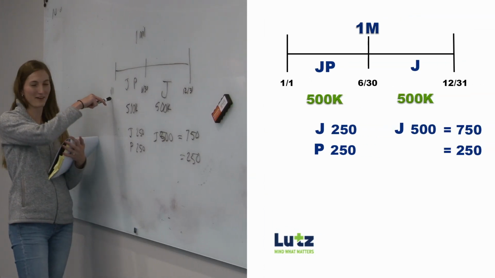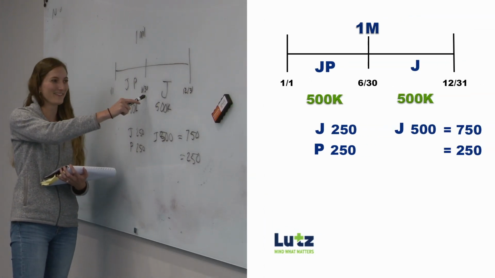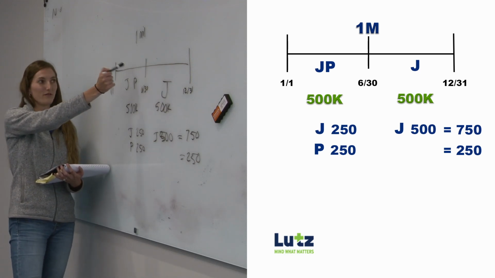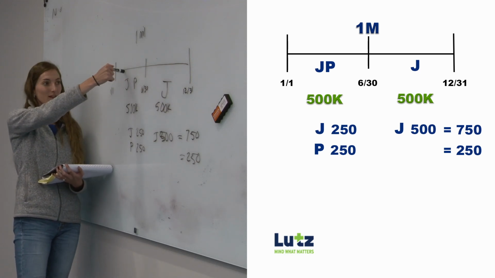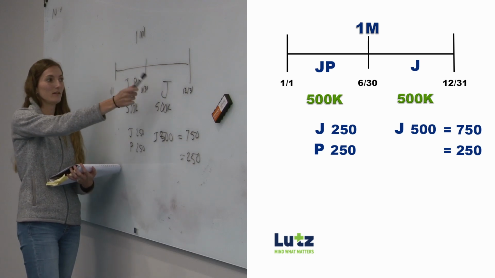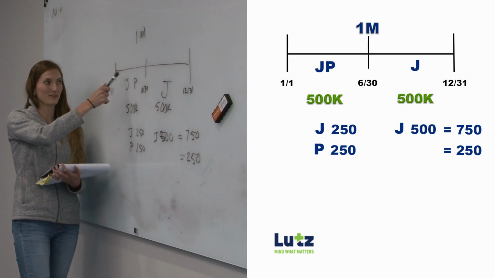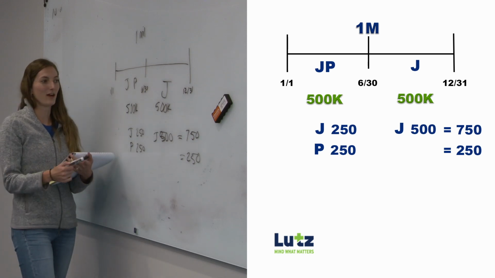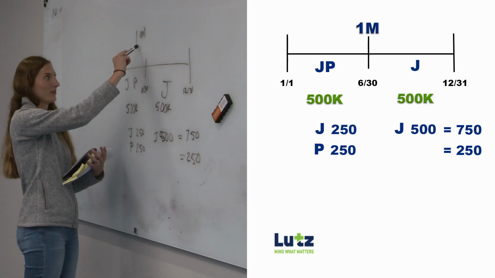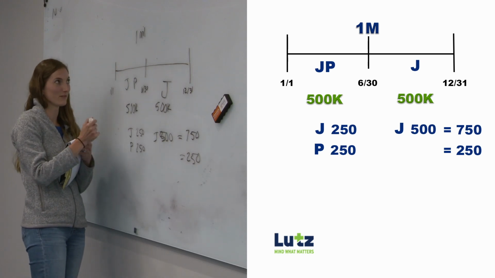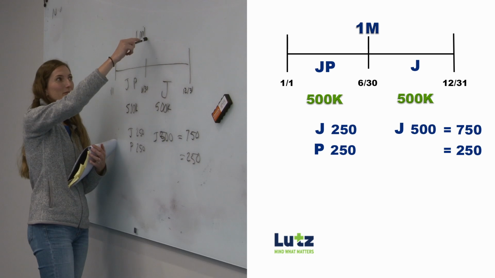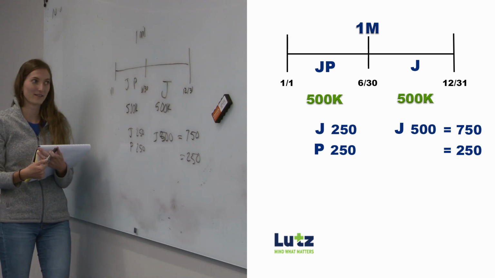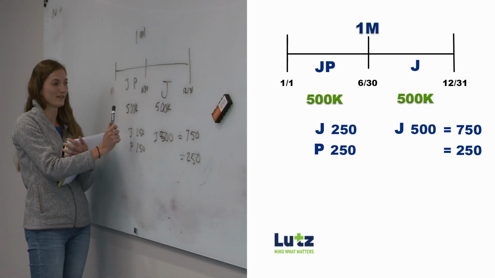So this is January 1st. This is June 30th, end of the year. J and P were 50-50 right here, and then he sold his interest and is out of it, because J owns it. So at the end of the year, say it was $1 million, maybe there should be 3 people, but it would look like it should all go to J, but it needs to be split.